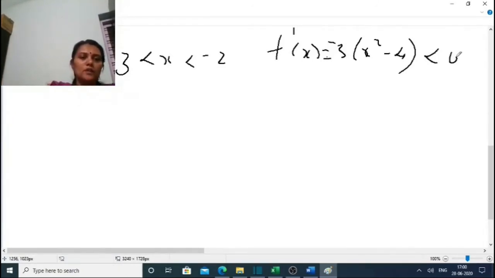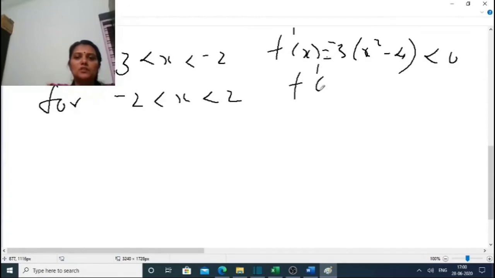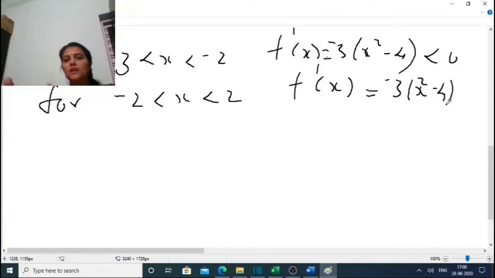For minus 2 less than x less than 2, f dash x equals minus 3 into (x square minus 4), where x square minus 4 is negative, so negative into negative will be greater than 0.